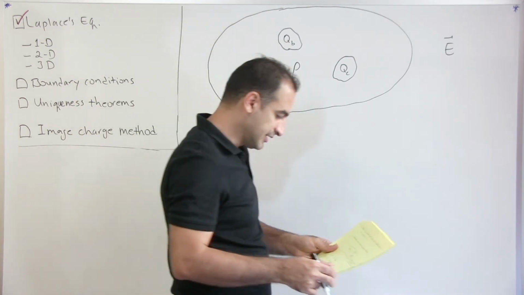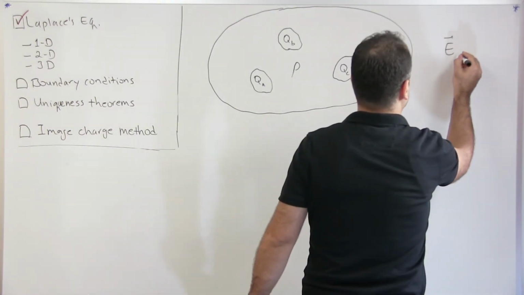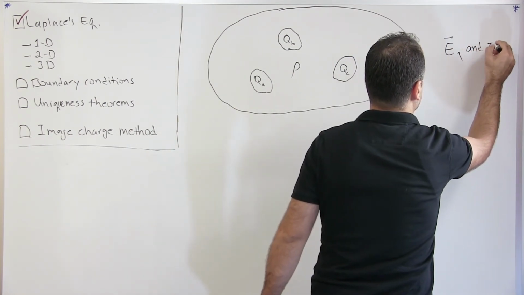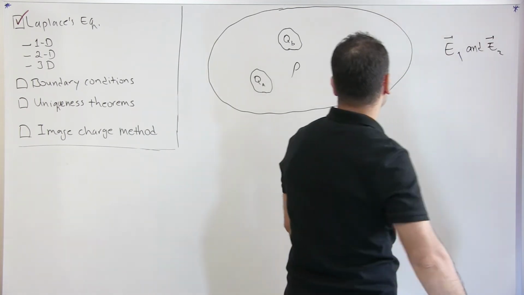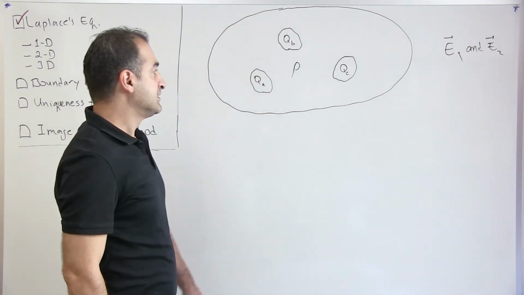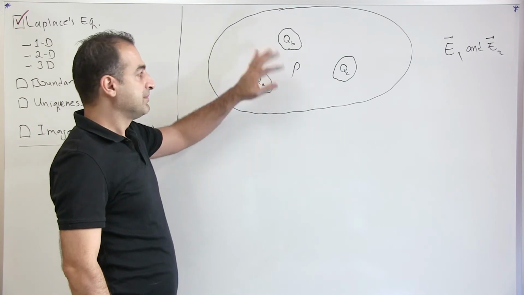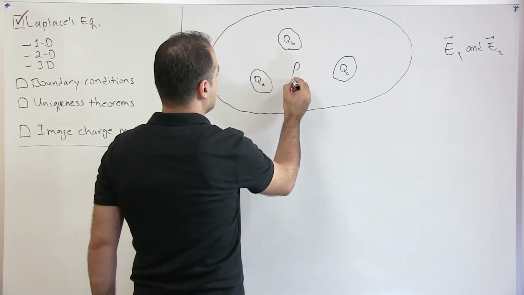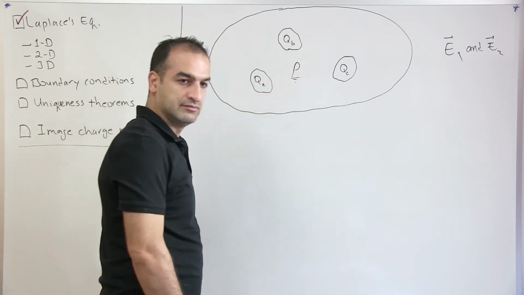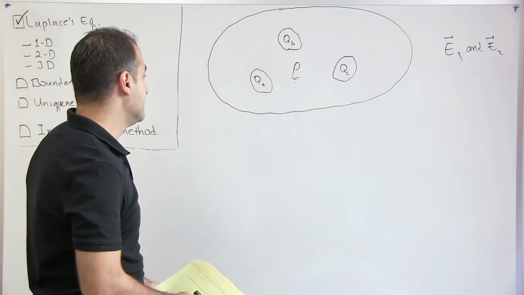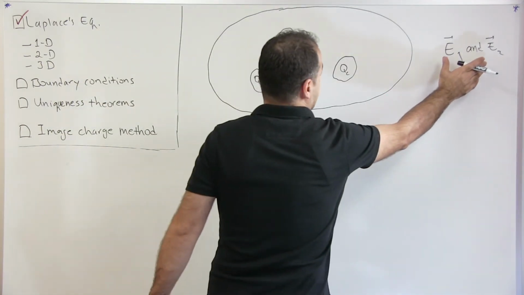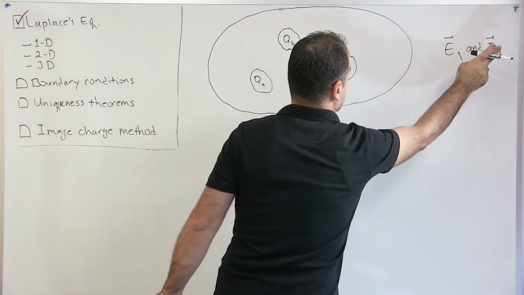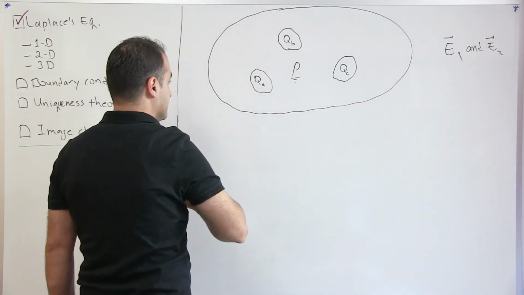So the idea is that let's suppose we have E1 and E2 that both satisfy the boundary conditions and Poisson's equation. Here, because we are assuming some non-zero volume charge density, the Gauss law says the divergence of E1 and the divergence of E2 should be equal to rho over epsilon zero in the space.